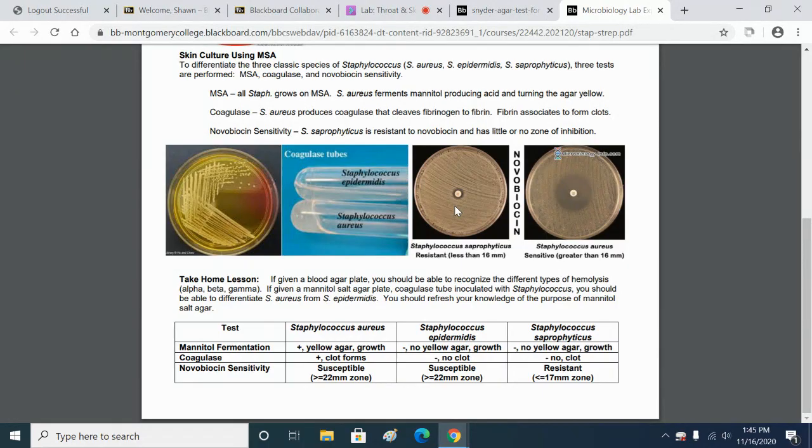It used to be that MRSA was a nosocomial infection. Now it is becoming a community-acquired infection, so you get it from other people in the community rather than from a hospital setting. That's very concerning, but this is what's happening now, people are being colonized with MRSA.